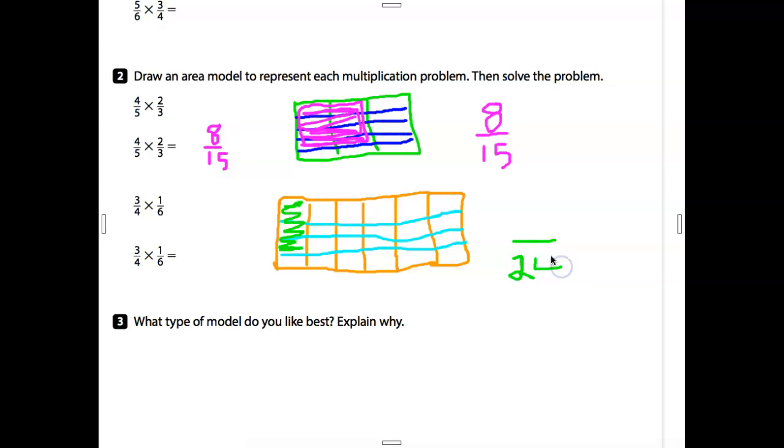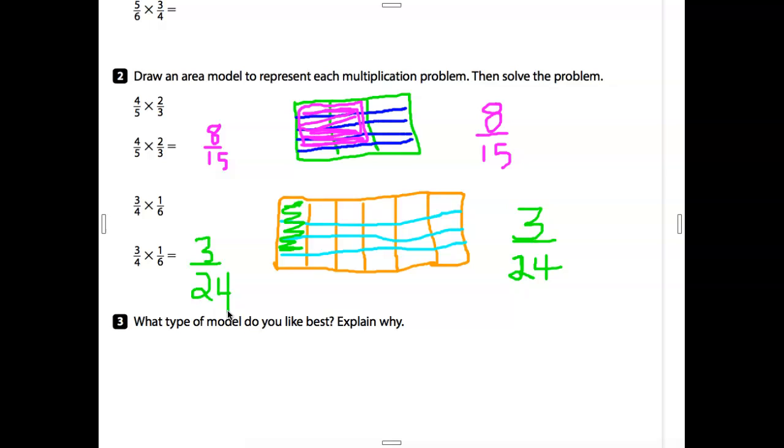Okay, and then we have to count how many are shaded in. 1, 2, 3. So 3/24. And you can see over here, 3 times 1 is 3. 4 times 6 is 24. So I just wanted to show you how that's modeled in a model.